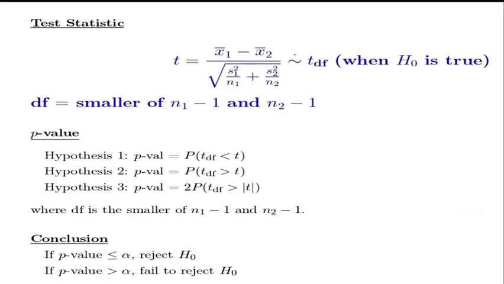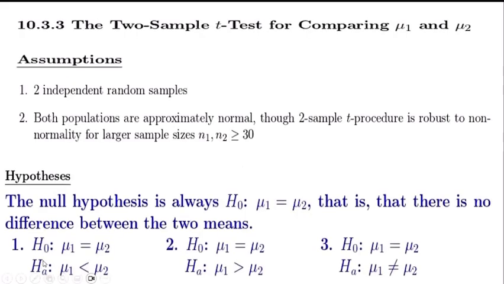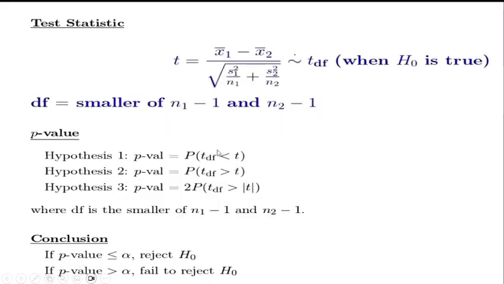The next is getting the p-value. Getting the p-value depends on the nature of the alternative hypothesis. If your alternative is less than, the p-value is going to be the probability of a t-distribution less than t.